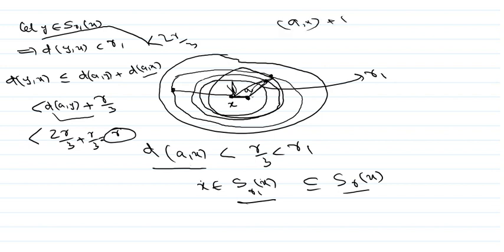So what's xy? It is less than 2r by 3. What's ax? Ax is less than r by 3. So this is less than 2r by 3.